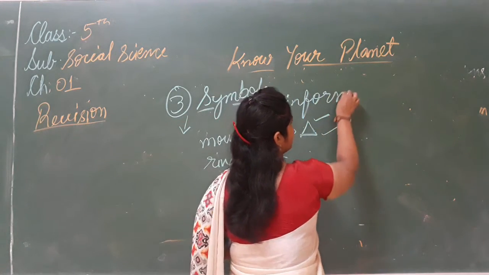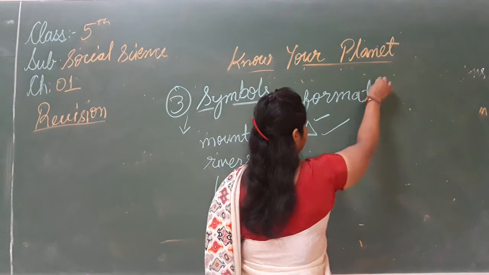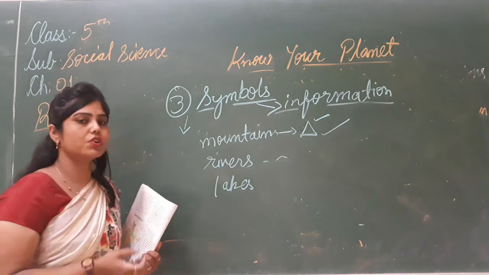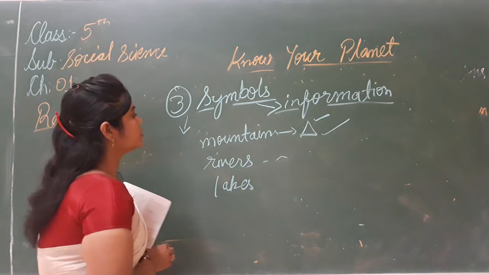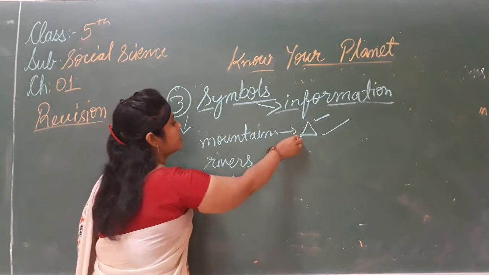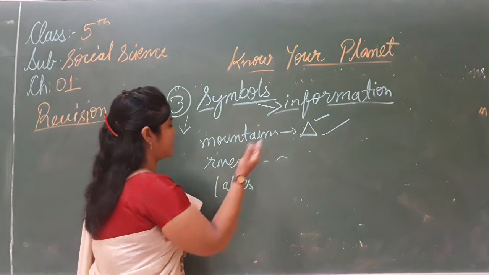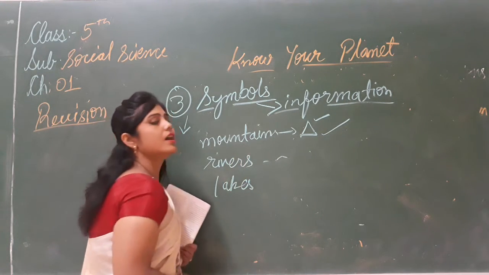Information. Because the map is very small, we use this type of symbols to understand where the mountain is, where the lake is, where the river is.